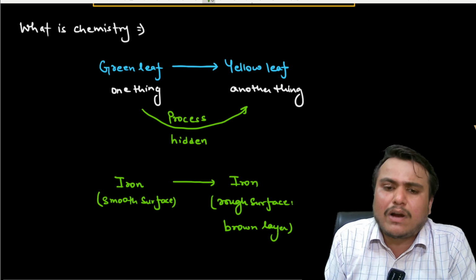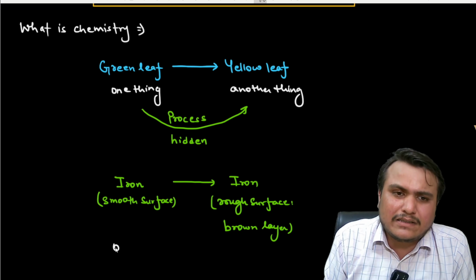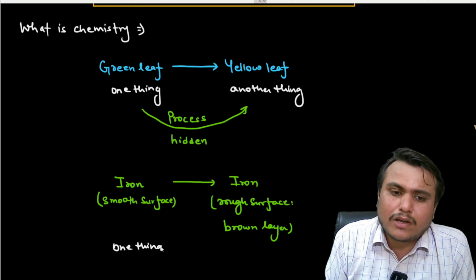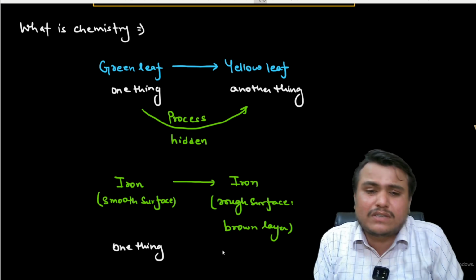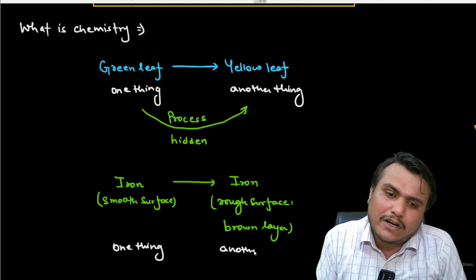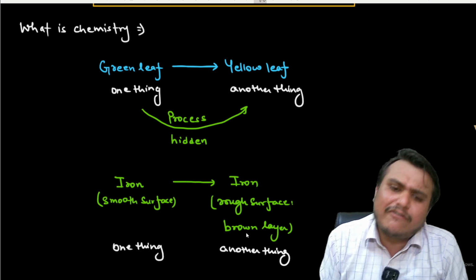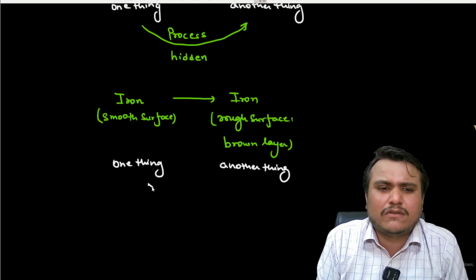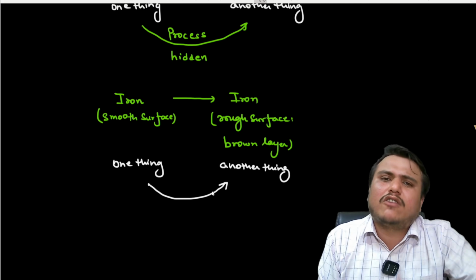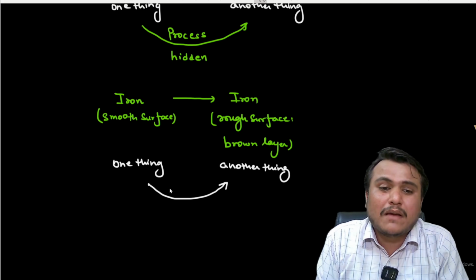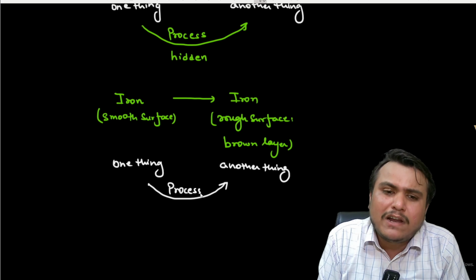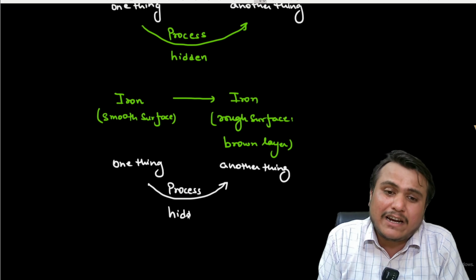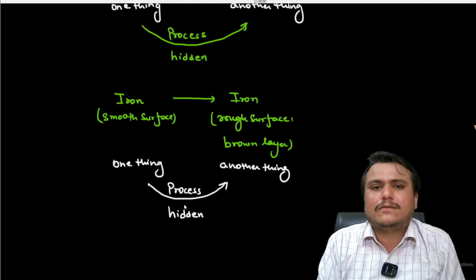Again, let's consider iron as one thing. From a smooth surface it is going to a rough surface. It has converted into another thing. Again, if I ask you why this conversion is happening, you will say, sir, I can only observe that initially there was a smooth surface, and over a period of time a brown layer has come, but the process due to which this brown layer is coming is again hidden, so I can't comment on that.